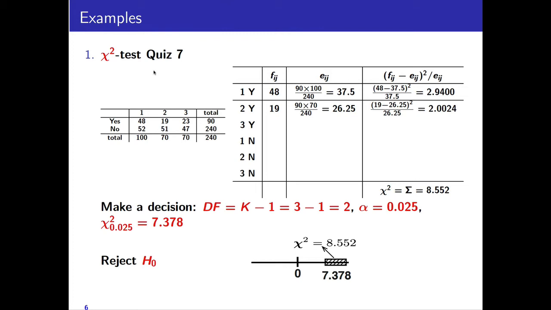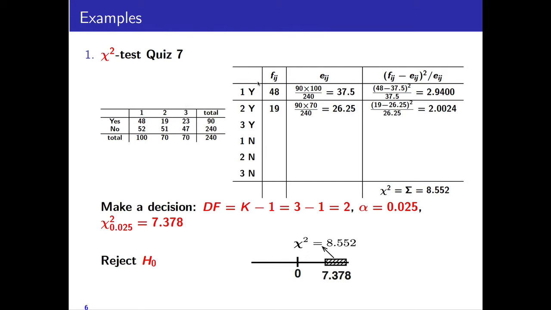And this first one on the list is a chi-square test. That's from quiz number 7. And I give you this sample result table, and I ask you to test the hypothesis. And step number 1 is given, so we start with step number 2.